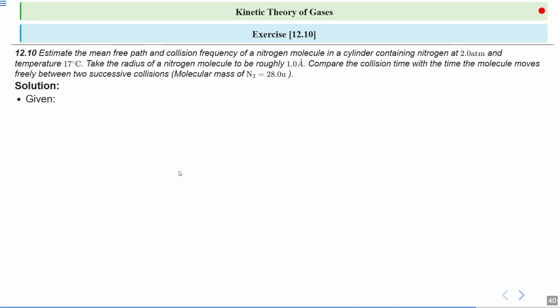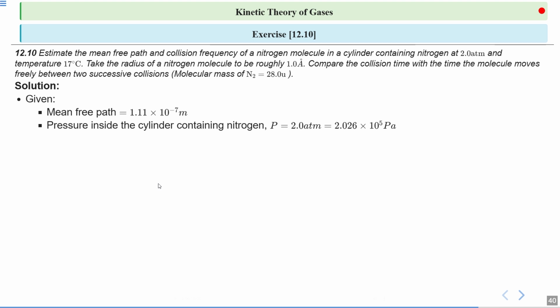So we have some given values that will help us in our calculations. First, we have the mean free path, which is the average distance a molecule travels before colliding with another molecule. It is given as 1.11 into 10 raised to the power minus 7 meter. Pressure inside the cylinder containing nitrogen, P is equal to 2 atm. So in Pascal, it will be 2.026 into 10 raised to the power 5 Pascal.